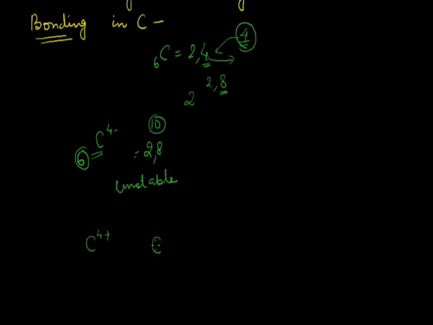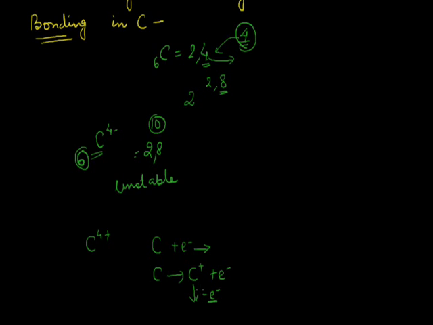All the 4 electrons will not leave the atom at once or simultaneously. Carbon will first lose 1 electron and convert into C plus, and again this C plus will lose an electron.